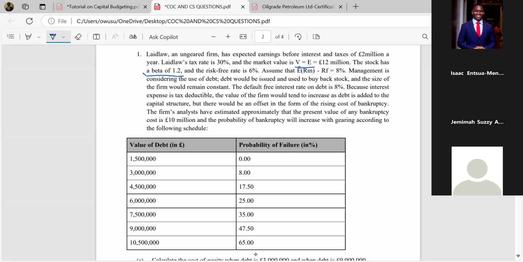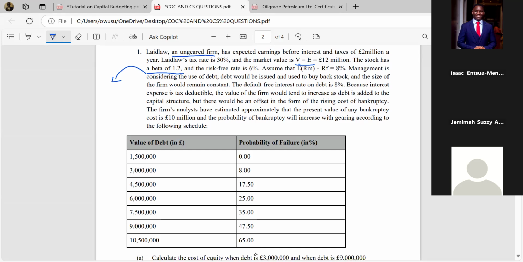So this beta, is it a geared beta or an ungeared beta? An ungeared beta, because the firm is an ungeared firm. So this is an ungeared beta.